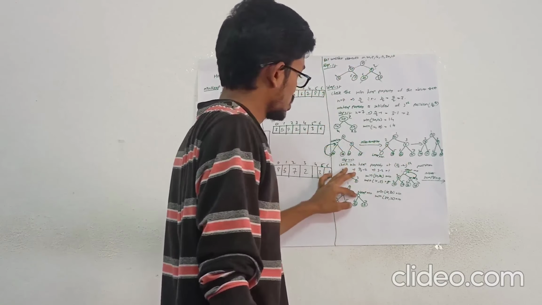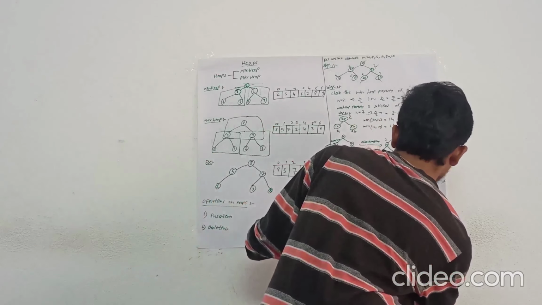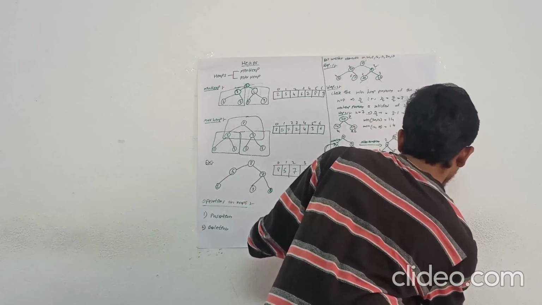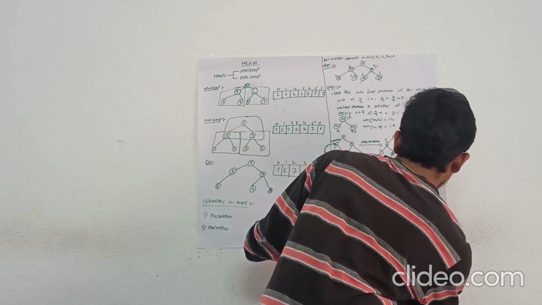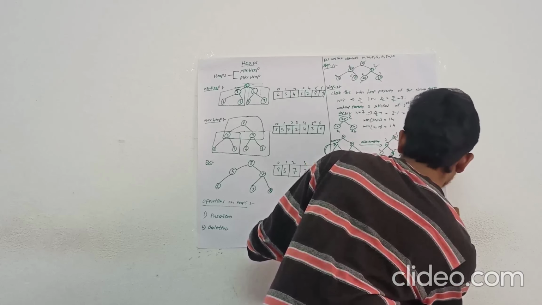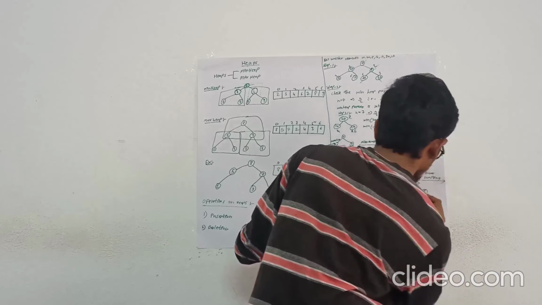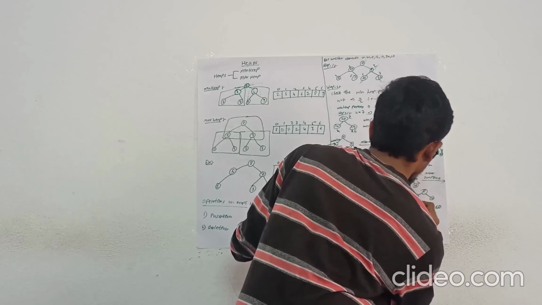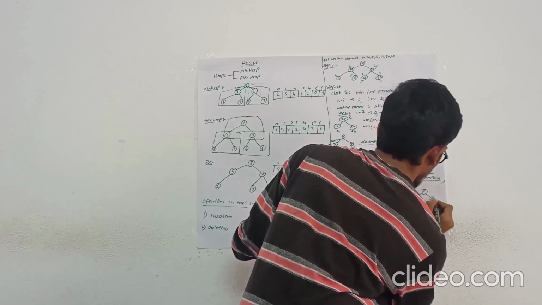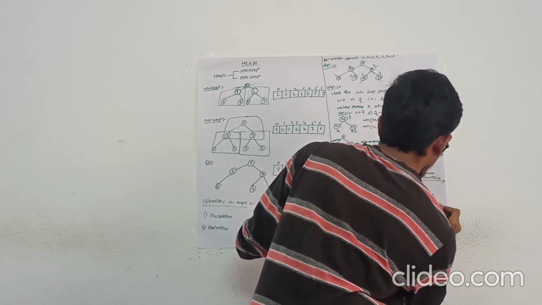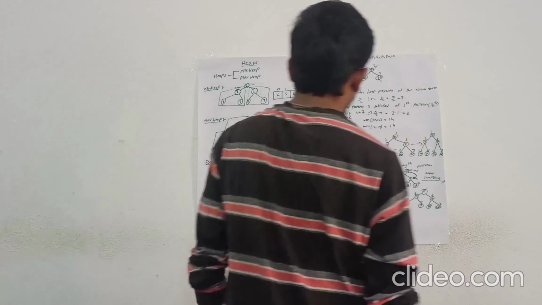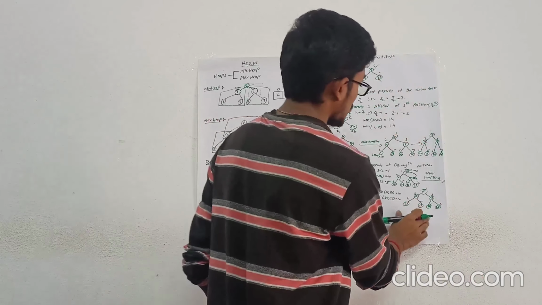So now we can insert the element. Now the tree becomes this. After completing, now the tree becomes this.